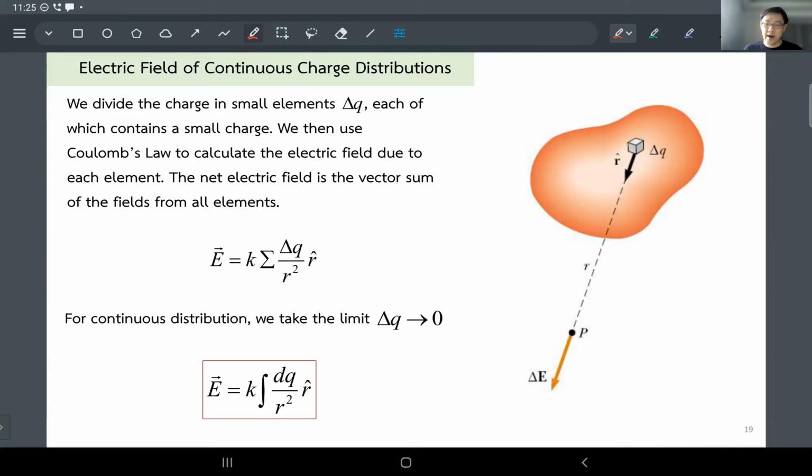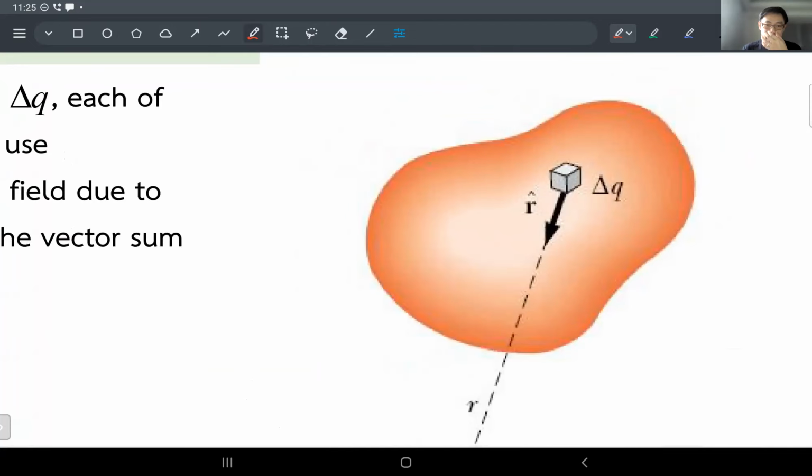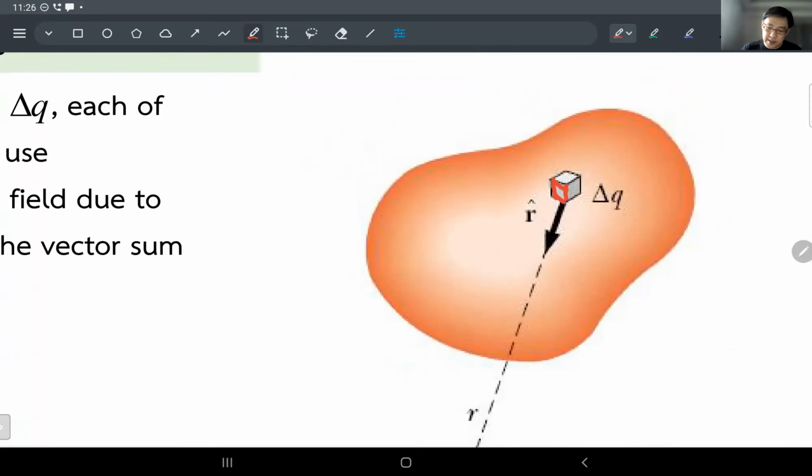Okay, cool. All right, so what I'm going to do is this. If you have a bunch of charge coming like this, you slice the charge into a tiny piece, and that tiny piece will contain a tiny charge. I can call this dq, even though you can call it delta q first, and then you shrink it down when everything goes infinitesimally small. Remember this word from calculus?